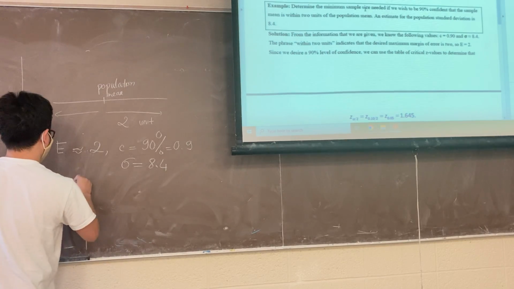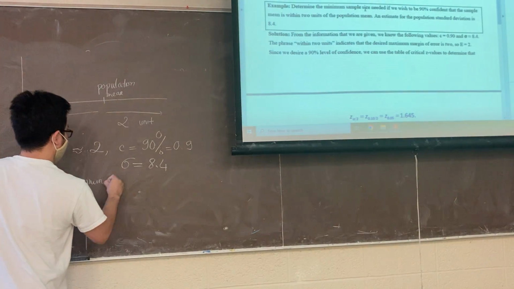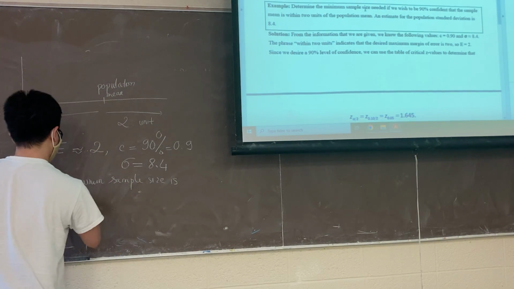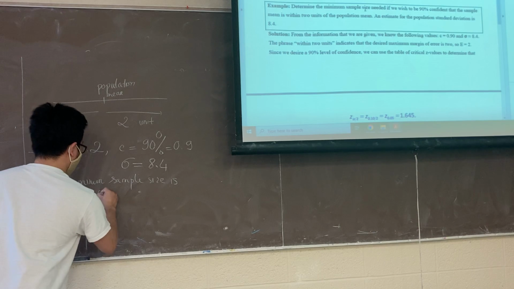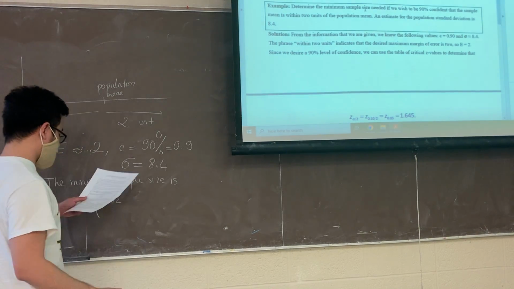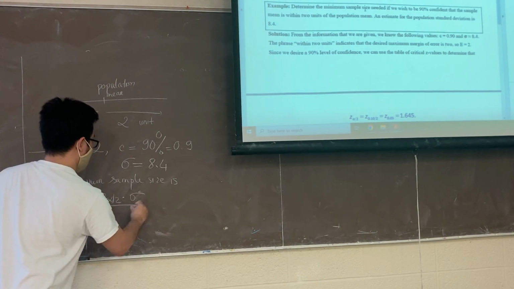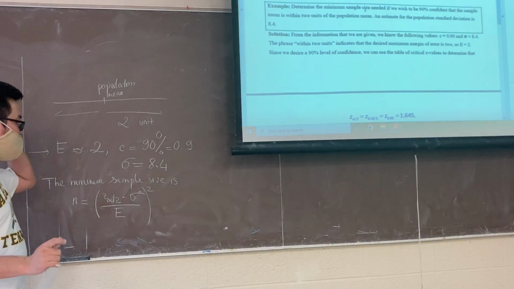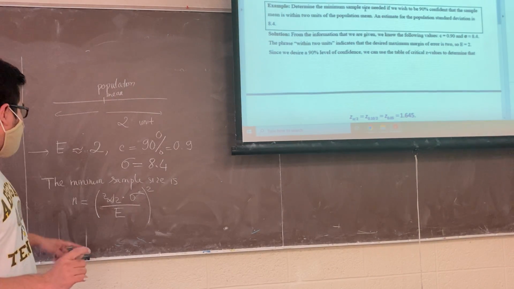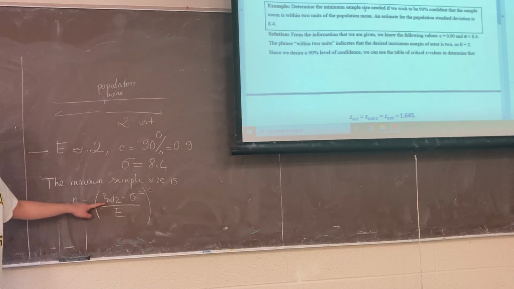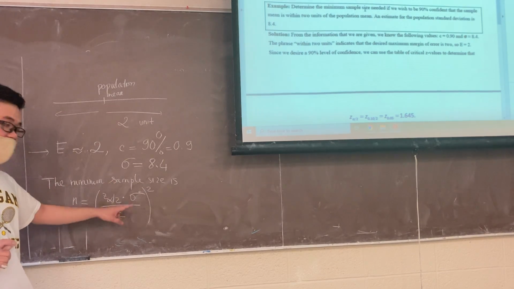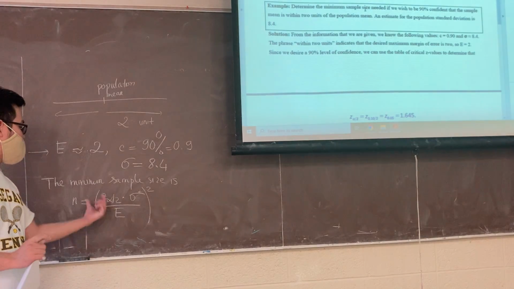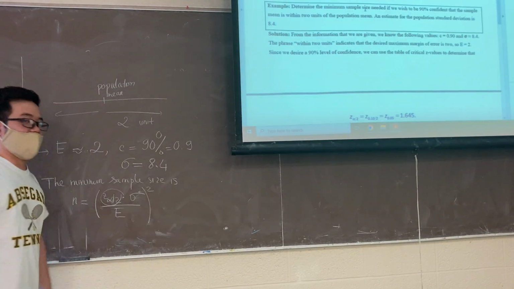So the minimum sample size n uses this formula: Z alpha over 2 times sigma over E, squared, right? Now we need to find Z alpha over 2. We have sigma and we have the margin of error E, so you only need to find Z alpha over 2.